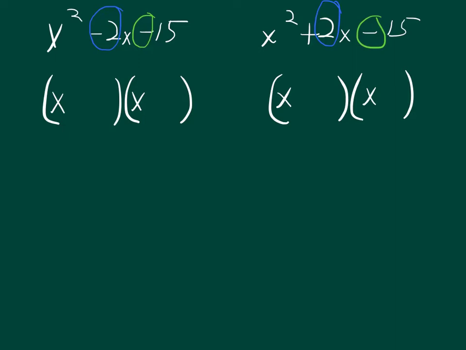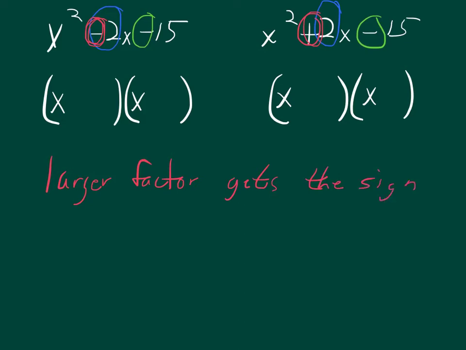But if you look especially at the sign in the middle, which in this case over here is a negative, and over here to the right it's a positive, whatever the sign is in the middle, the larger factor gets the sign in the middle. Since you're going to be subtracting, the larger term has to have the sign in the middle.